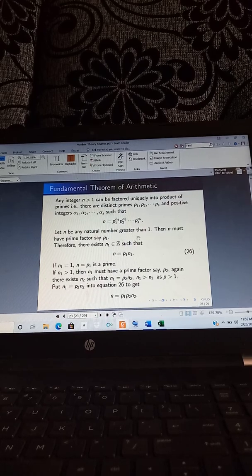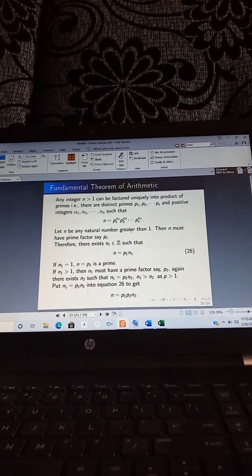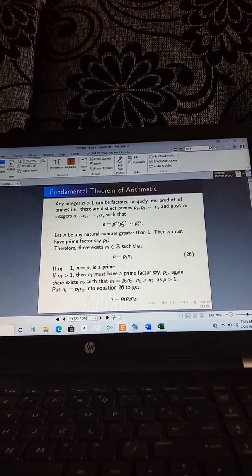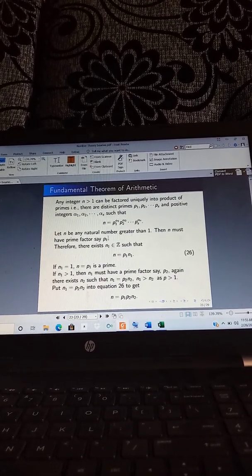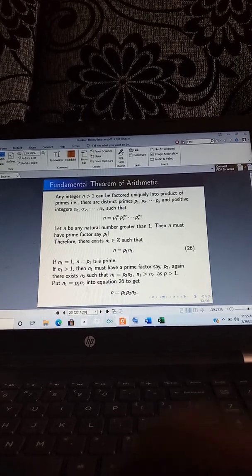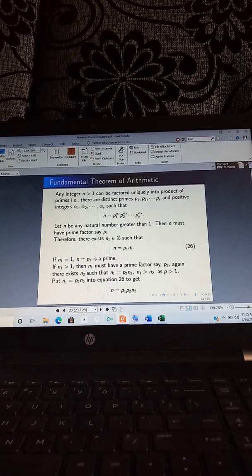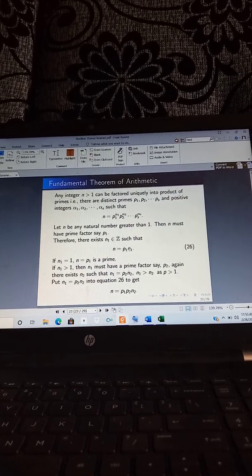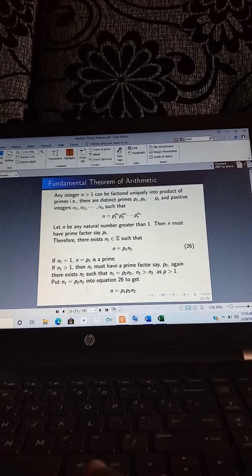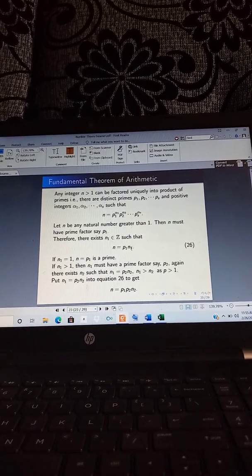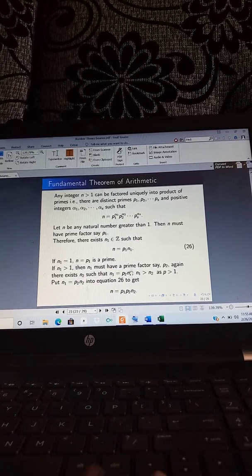If n is a natural number greater than 1, then n must have a prime factor. Let's call the prime factor p1. So if p1 is a prime factor of n, then there exists an integer n1 such that n equals p1 times n1. Now if n1 equals 1, that means that n equals p1. But if n1 is greater than 1, then n1 will also have a prime factor. Let's call that prime factor p2.